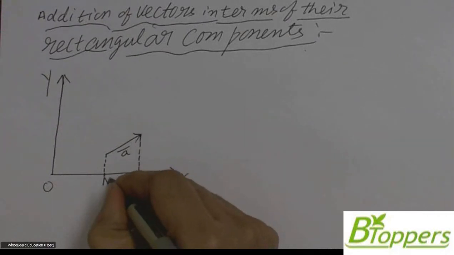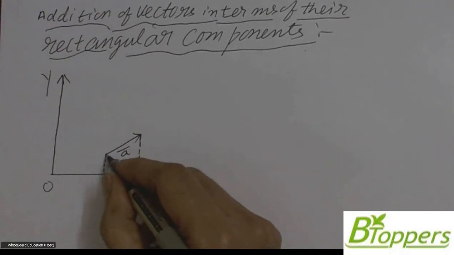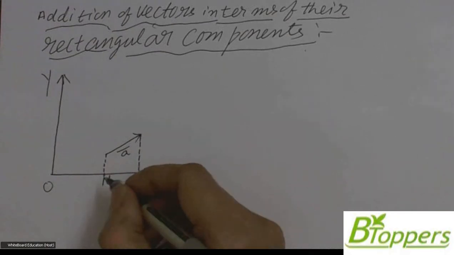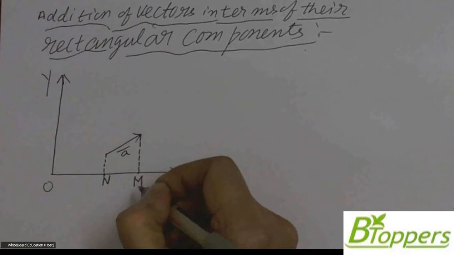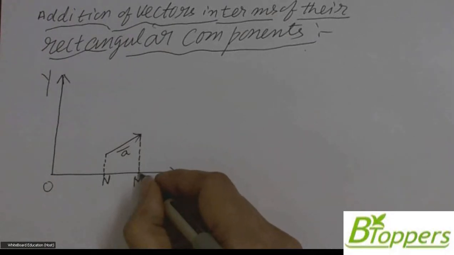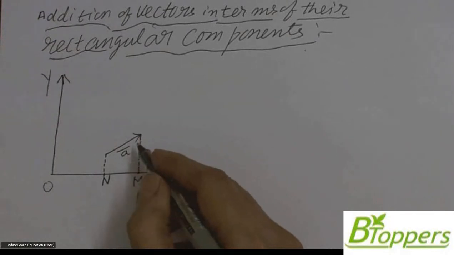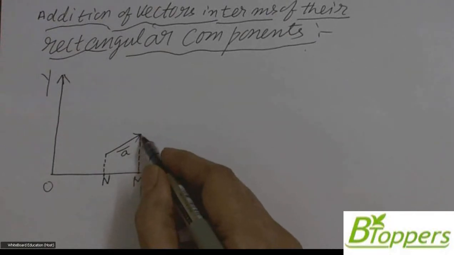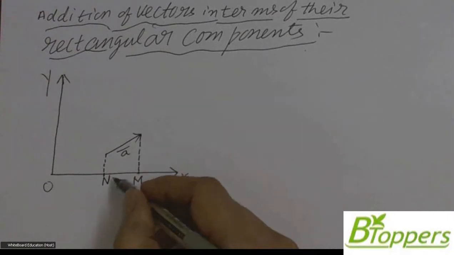Let N be the foot of the perpendicular dropped from the tail of vector a bar on the x-axis. Let capital M denote the foot of the perpendicular dropped from the head of the vector a bar on the x-axis.